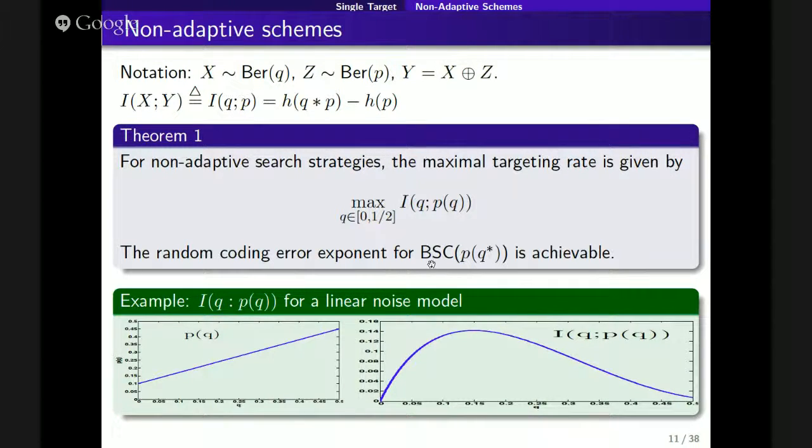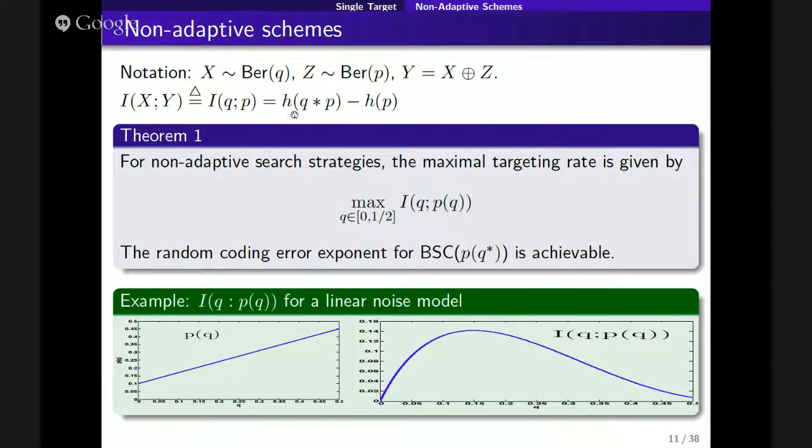So just as an example of how this mutual information behaves. Note that usually the noise is independent of whatever you do, so once you maximize this expression over Q, you just get Q half to be optimal.